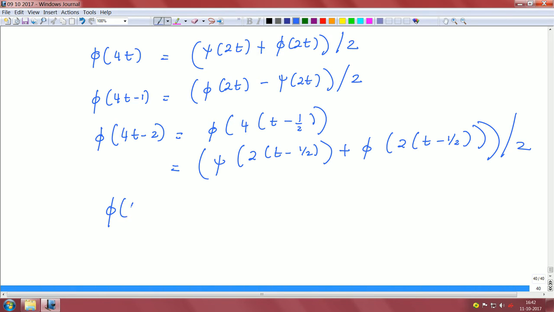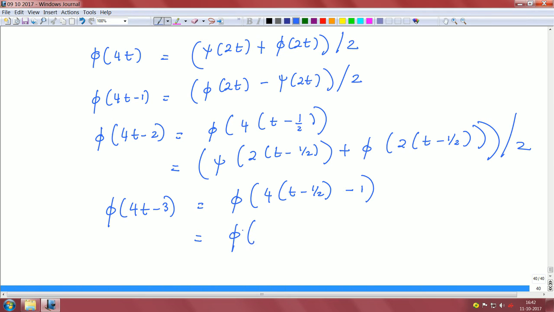And similarly, you have phi of 4t minus 3 is basically phi of 4 into (t minus half) minus 1, and this you can write as phi.